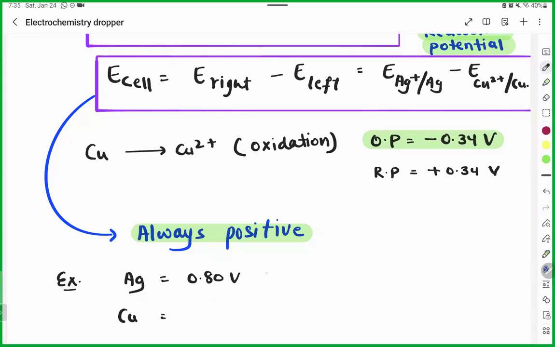For Ag the reduction potential is given as 0.80 volt, and for copper the value given is minus 0.34 volt oxidation potential. Calculate E cell, guys. Sir, 1.14.